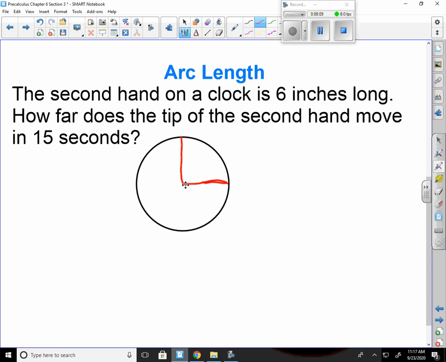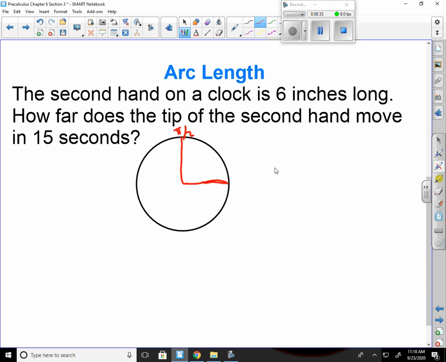That looks like 90 degrees to me, but we're not doing degrees, we're doing radians so that we can do our arc length with a much simpler calculation, which means that this is pi over 2.